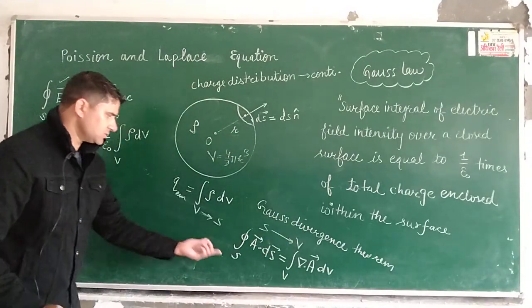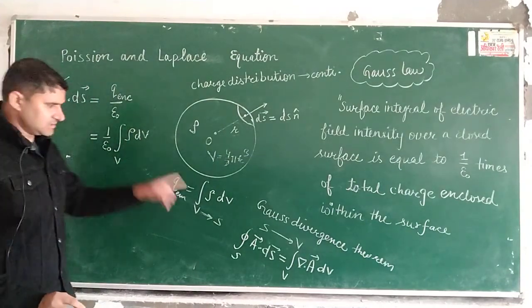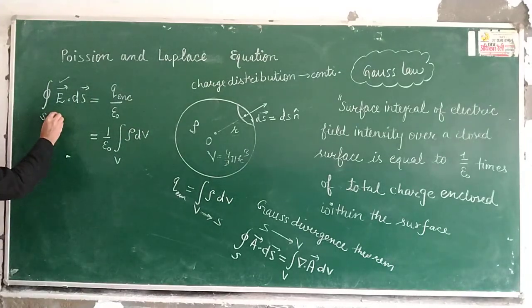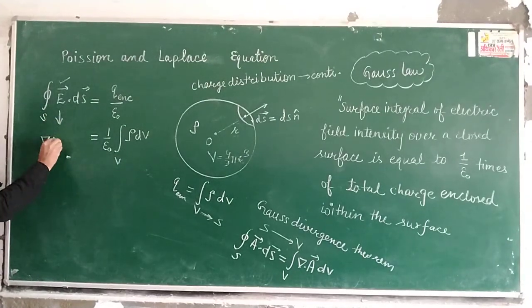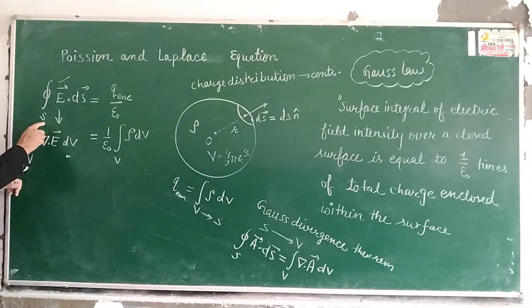If we apply this theorem here, you can see the vector field is the electric field intensity, so we can write the left hand side as the integral of the divergence of the vector field, that is the electric field here, over the volume V enclosed by this closed surface.